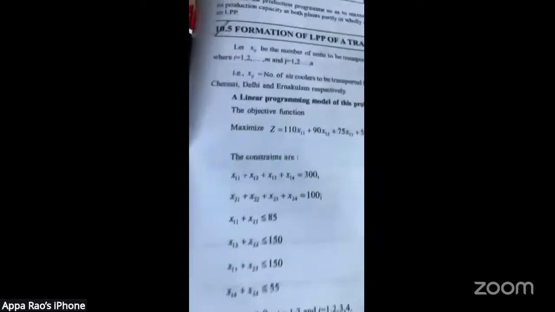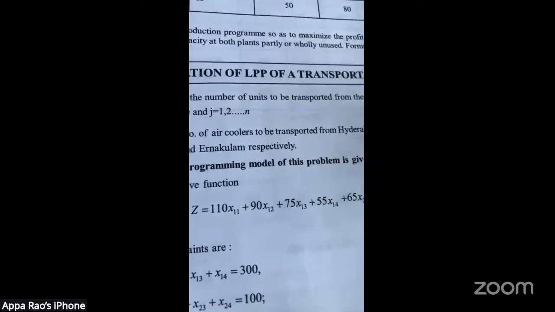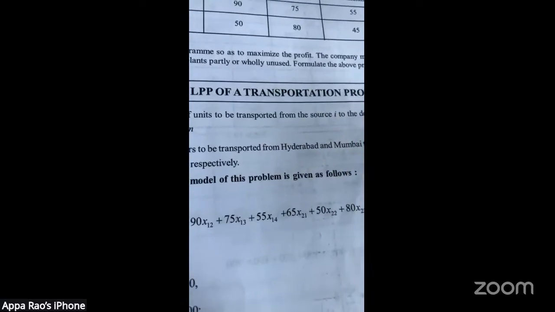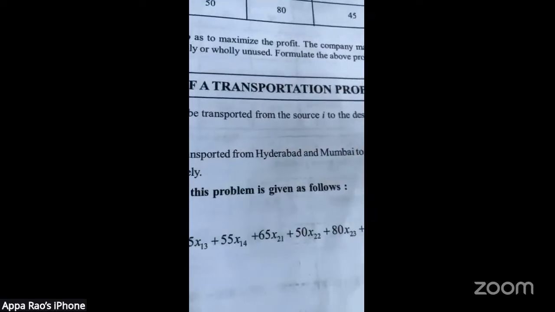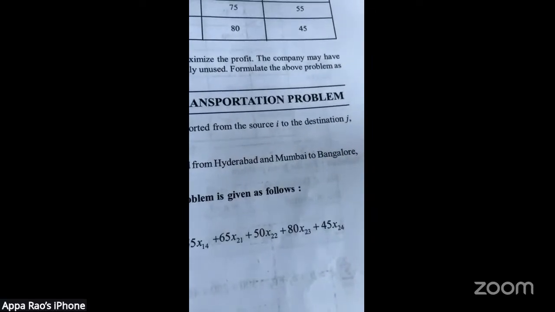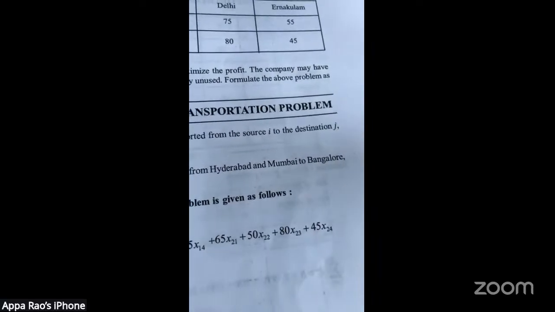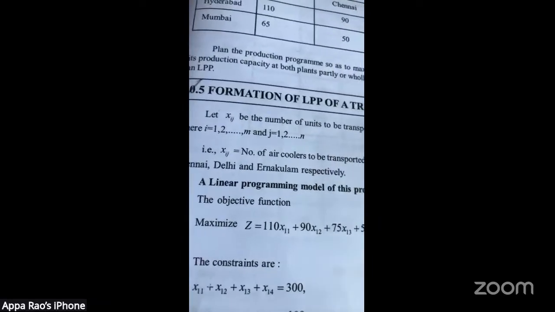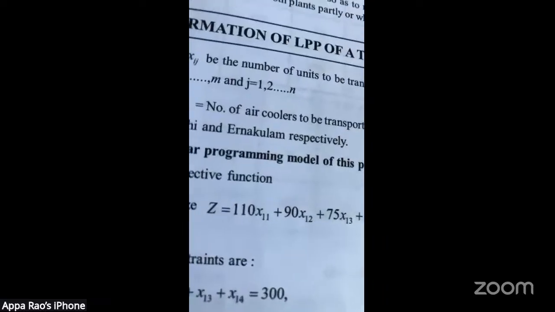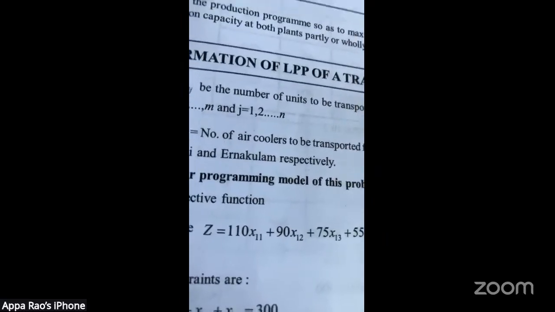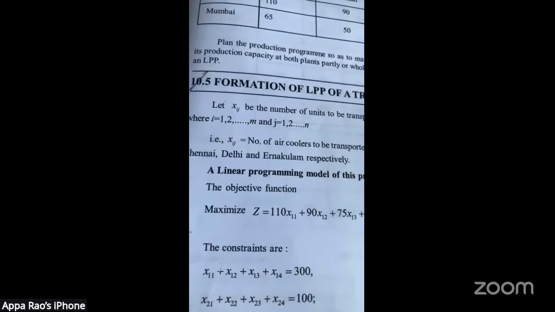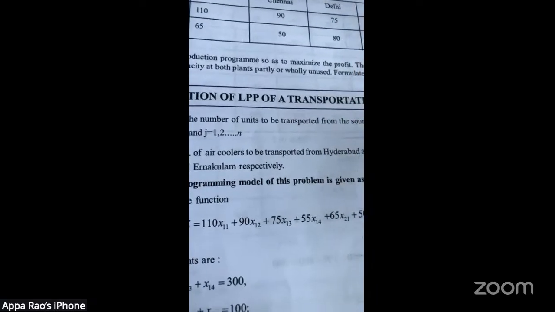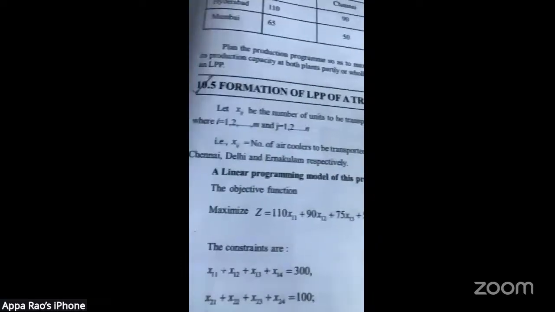That means here Xij equals the number of air coolers to be transported from Hyderabad and Mumbai to Bangalore, Chennai, Delhi, and Ernakulam respectively. A linear programming model of this problem is given as follows.